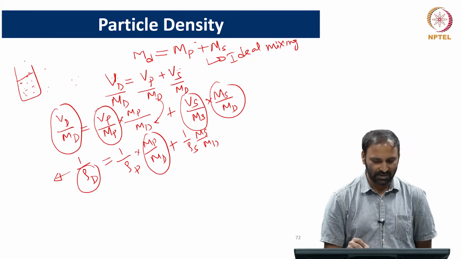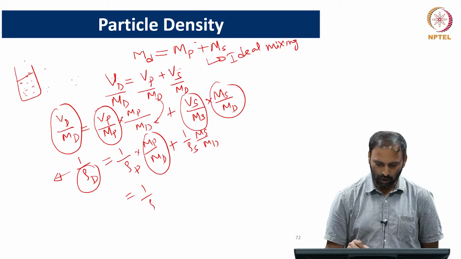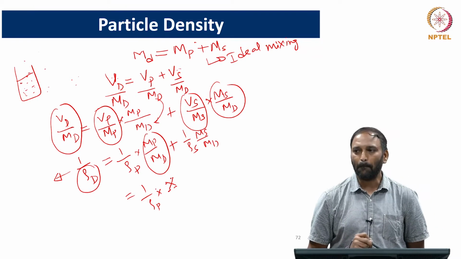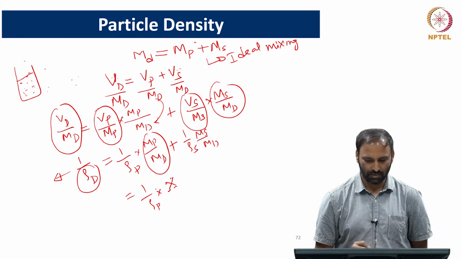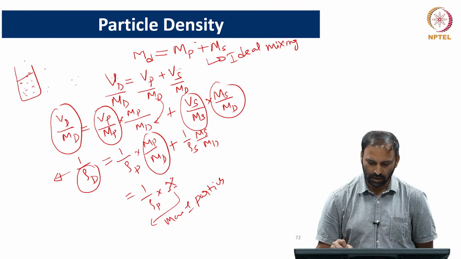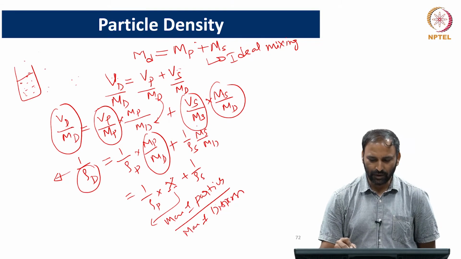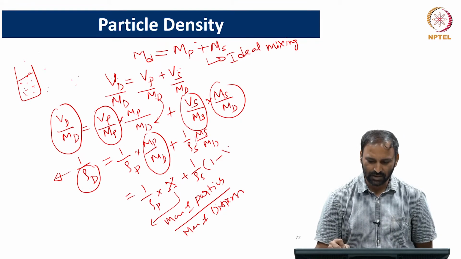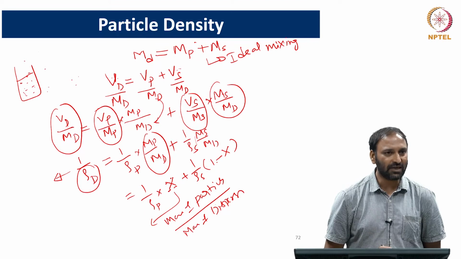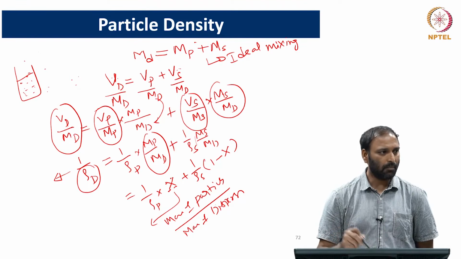This mp by md, the mass of the particles in the dispersion divided by md, the mass of the dispersion, I can write as 1 over rho p multiplied by capital X, where X is the mass fraction of particles in the dispersion, that is the mass of particles divided by the mass of the dispersion, plus 1 over rho s into ms by md, which is going to be 1 minus capital X, the mass fraction of the solvent in the dispersion, because the total mass fraction is 1.